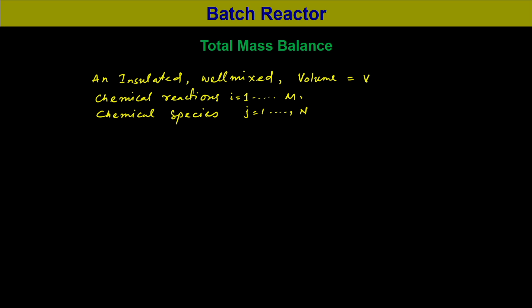Now, if we write the total mass balance equation in a batch reactor, this is our batch reactor and it is well insulated, where we have incorporated some chemical species and reactants, and they will react, forming different species through several chemical reactions.